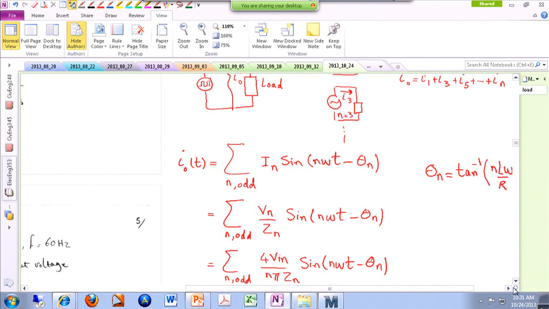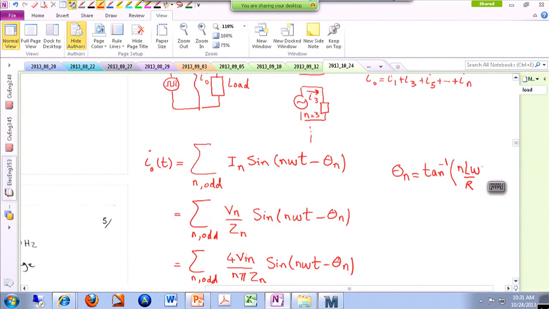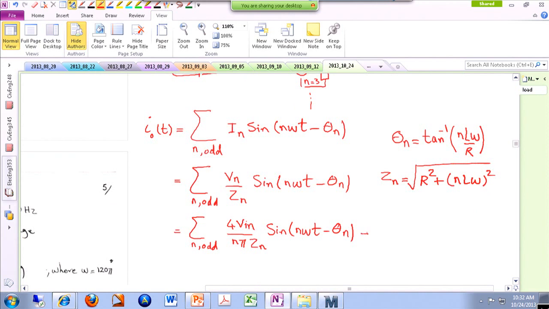All right, so if you have an LR system, this is going to be our phase lag, and as you can see, depending on n, the number of harmonic that you're analyzing, there's an n appearing over there, and Zn is the magnitude of the impedance, so it's actually the magnitude of the impedance evaluated at the particular nth harmonic. All right, so quite simple. Then I have all of the harmonics that appear in my output current.